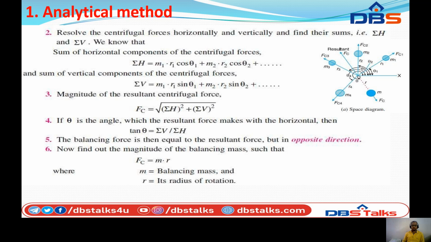OX is the horizontal line. With respect to that, M1, M2, M3, M4 are four different masses positioned at angles theta 1, theta 2, theta 3, theta 4 about the OX, and the radii of rotation, or the distances with respect to the horizontal line OX, are R1, R2, R3, R4.